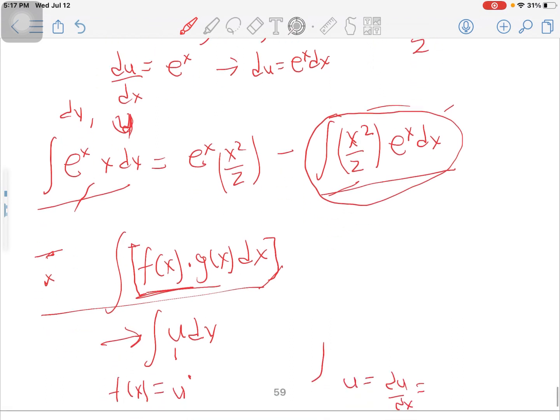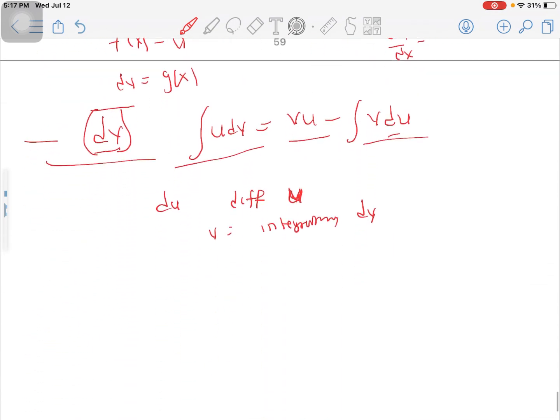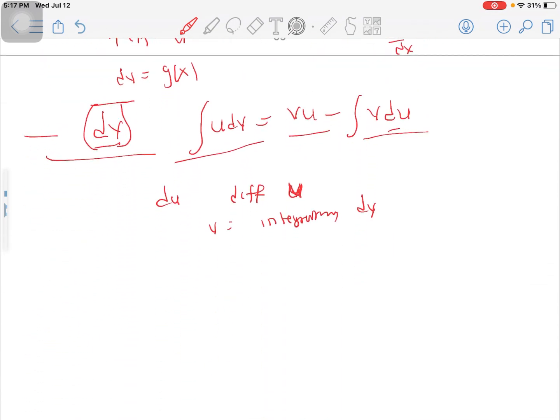That's very important. When we are able to do that, things will be smooth for us and we'll be able to solve the integration.